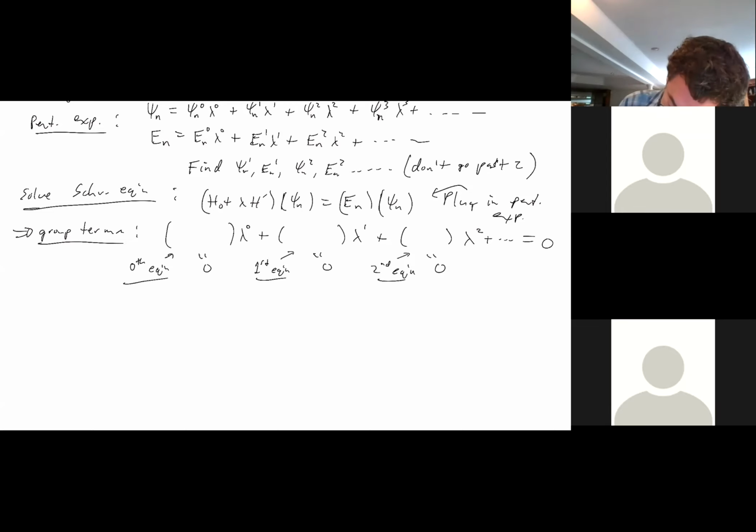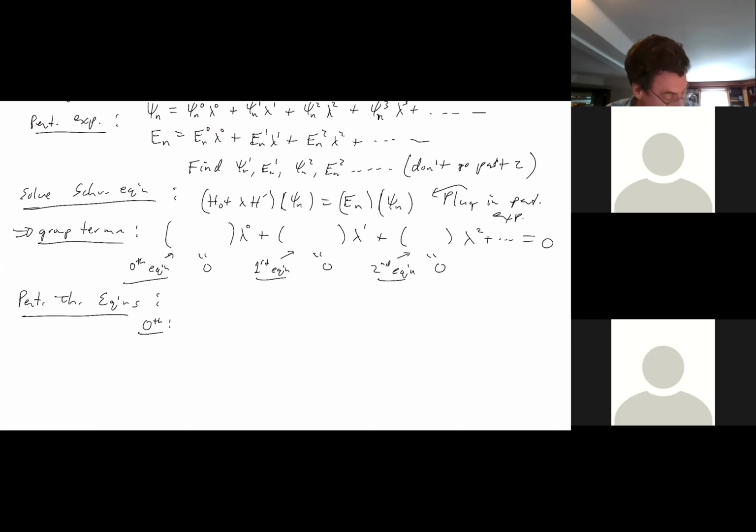So let's write them down. The perturbation theory equations that we get from this treatment look like this. I wrote them down last time, so this is all sort of a repeat, but still so important. The 0th order equation looks like this.